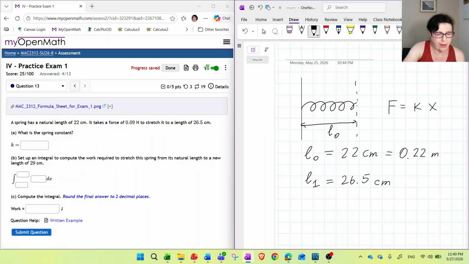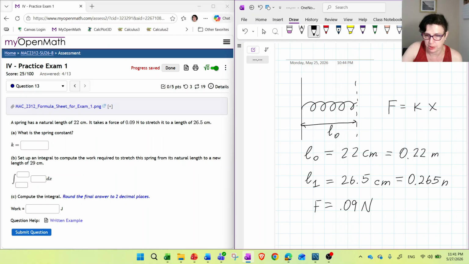So what do we have here? We know that the force F is 0.09 Newton. We need to figure out what that spring constant is. We applied this force and it stretched from 22 centimeters to 26.5, which is 0.265 meters.